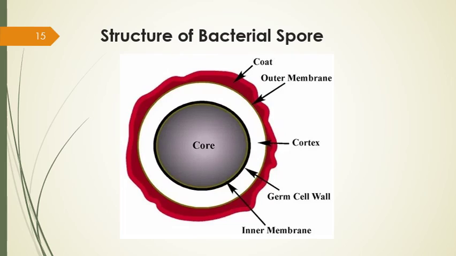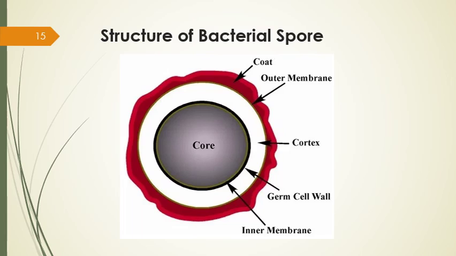Here is the structure of the bacterial spore. An endospore is structurally and chemically more complex than the vegetative cell. It contains more layers than vegetative cells. The arrangement of spore layers is as follows.